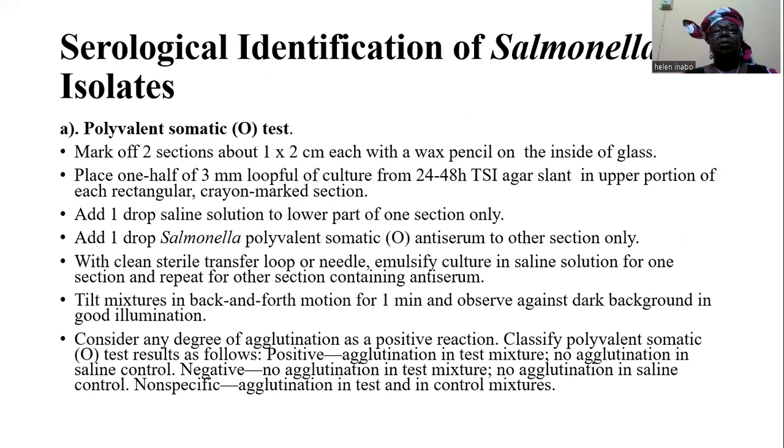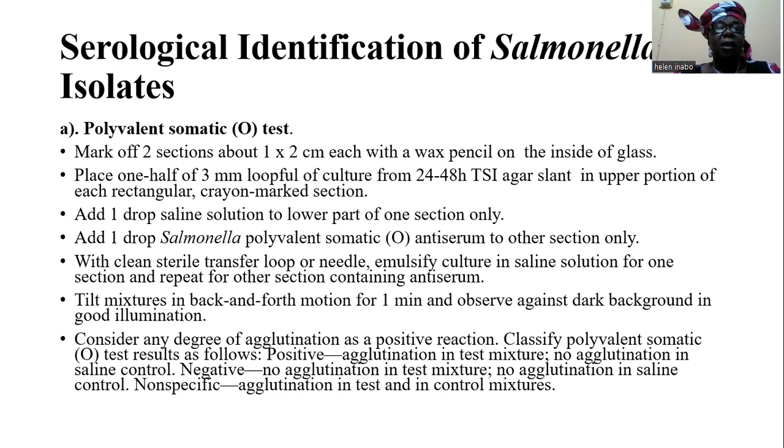Serological identification of Salmonella isolates will involve the use of polyvalent somatic tests. This briefly involves using Salmonella polyvalent somatic antiserum added to a loopful of the culture from a 24 to 48 hour triple sugar iron agar slant.